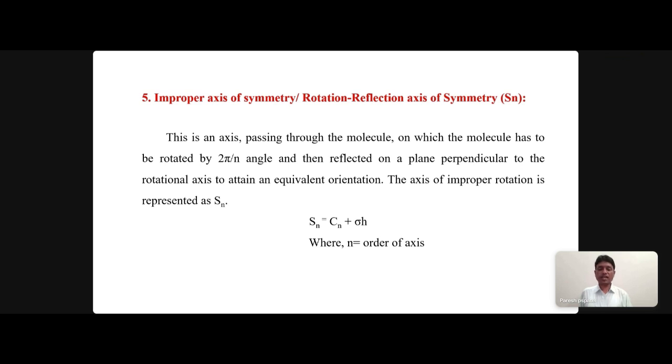In case of trans-dichloroethylene, if we rotate it by 180 degrees and then reflect through the horizontal plane to get the equivalent orientation, that molecule consists of an improper axis of symmetry. The symmetry operations can be represented by S2^1 and S2^2 in case of trans-dichloroethylene.